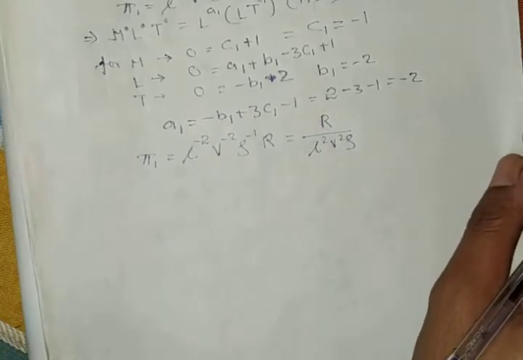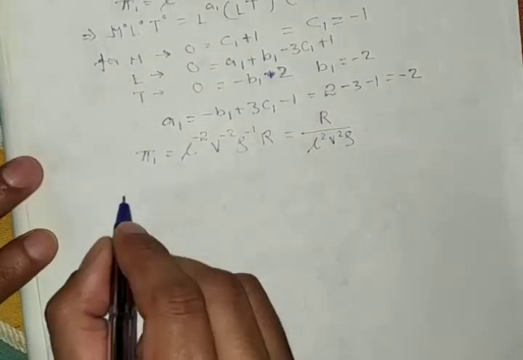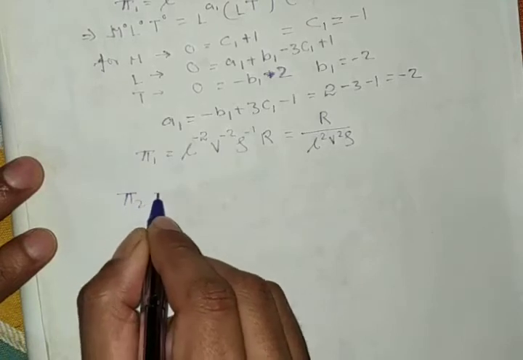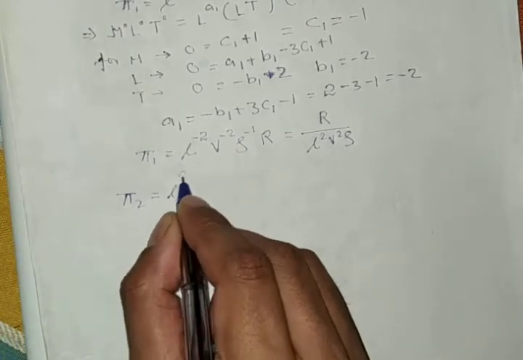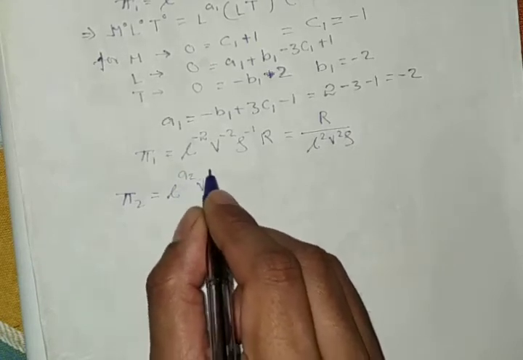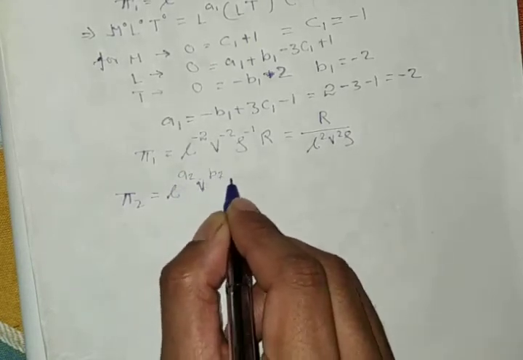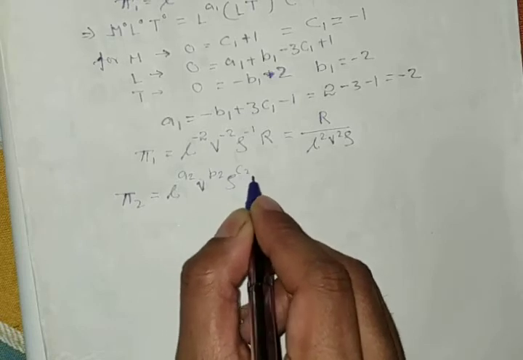Similarly we can do the same thing for pi 2. So L^A2, V^B2, rho^C2, and that is mu.